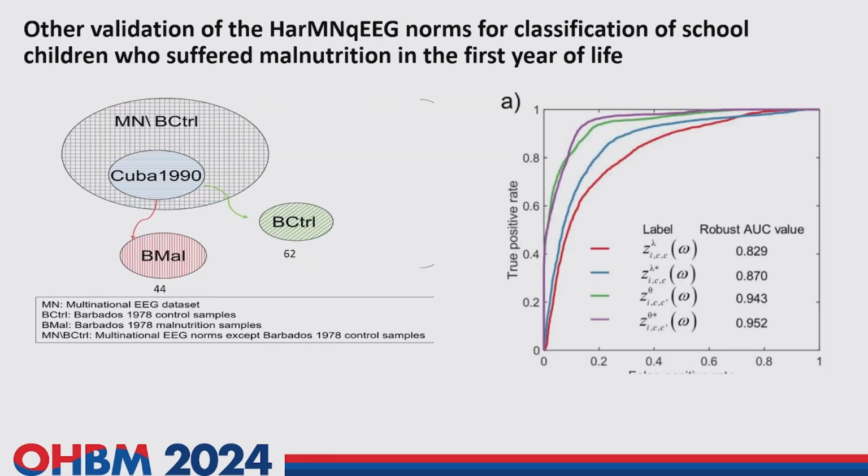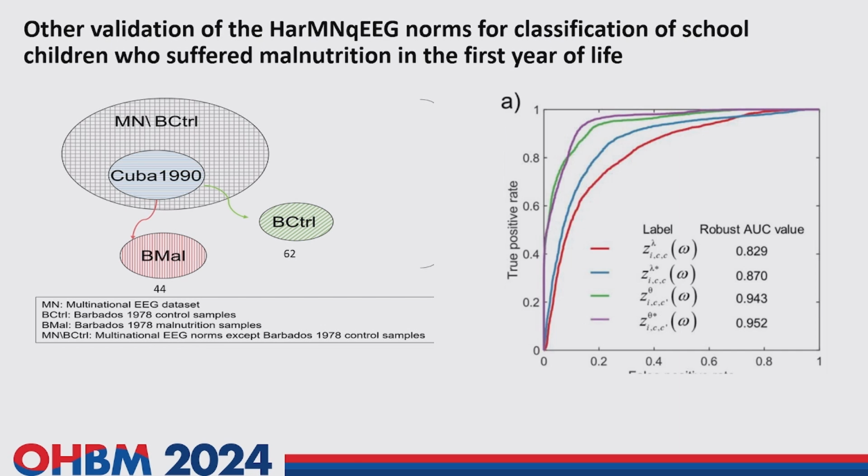On the left is the analysis set up to test the classification accuracy of harmonized QEEG descriptors. The large set is the totality of the multinational harmonized QEEG data set. We use Cuba, similar to Barbados in ethnic and cultural background, to eliminate the QEEG batch effects.